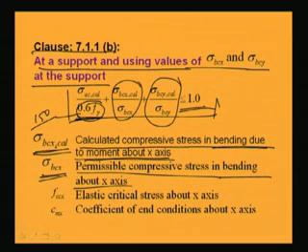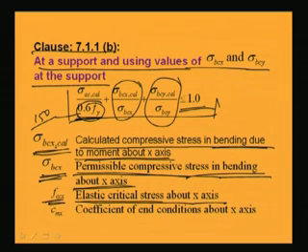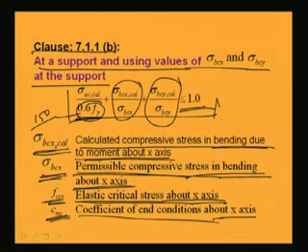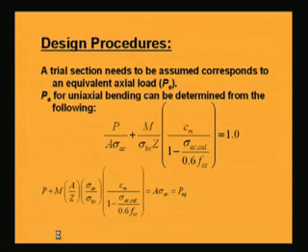Similarly, sigma BCY will be the permissible compressive stress in bending about y axis. FCCX is the elastic critical stress about x axis, FCCY will be the elastic critical stress about y axis, and CMX, CMY will be the coefficients of end conditions about x axis and about y axis.